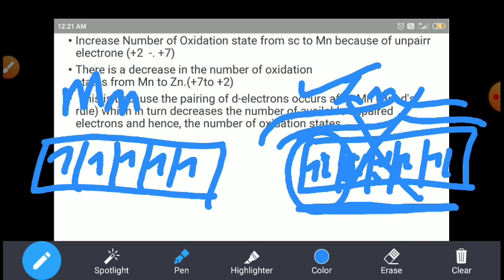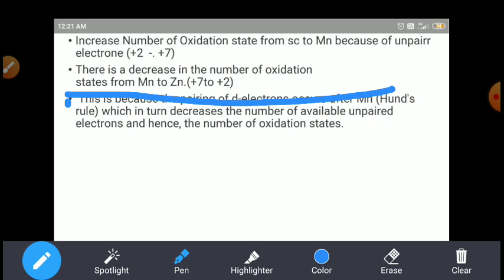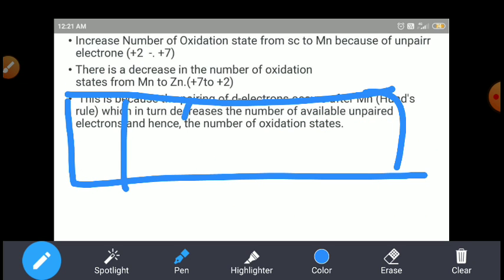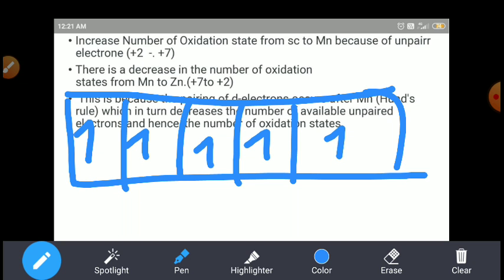As the pairing starts, the paired configuration is stable and never participates in chemical reactions.